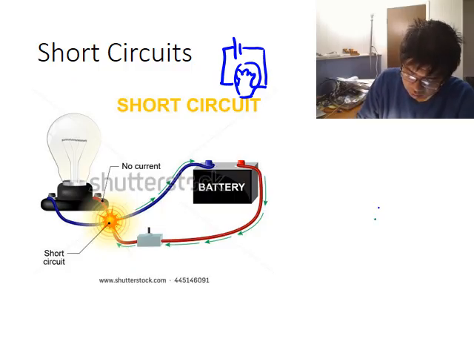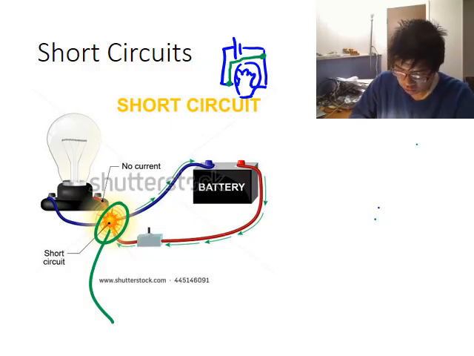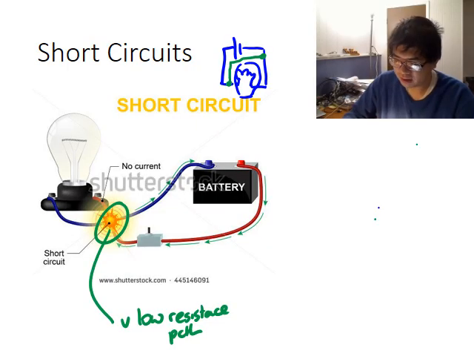What's going on here is, due to some wiring error, some wire now essentially allows you to bypass the bulb. So this has a very low resistance path that bypasses the bulb.